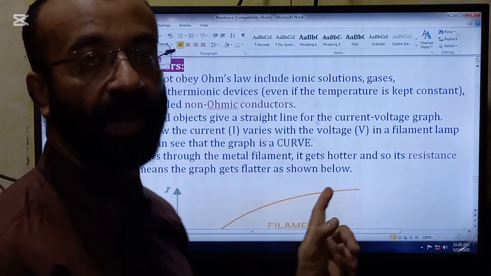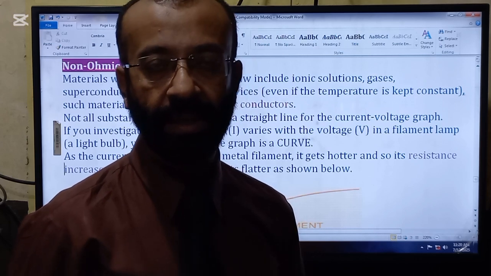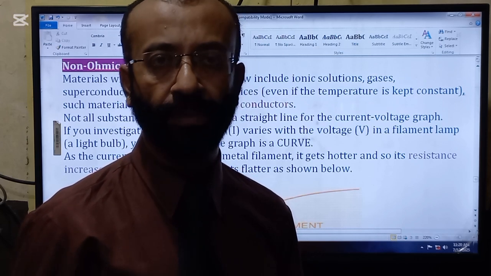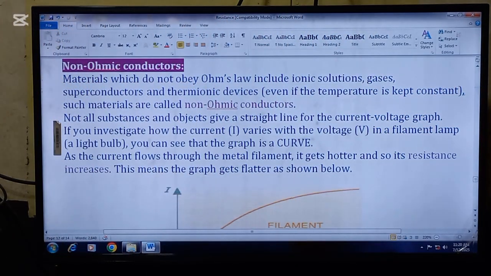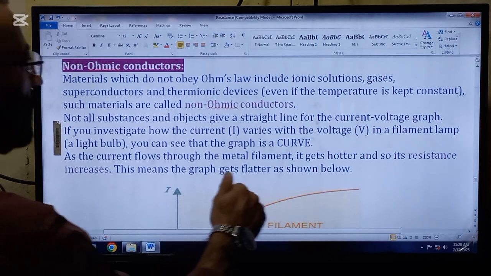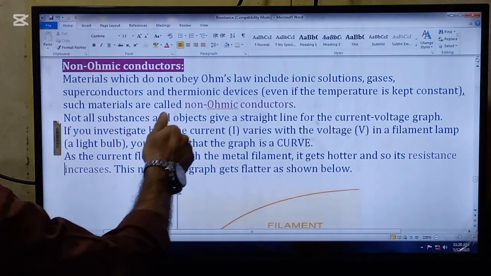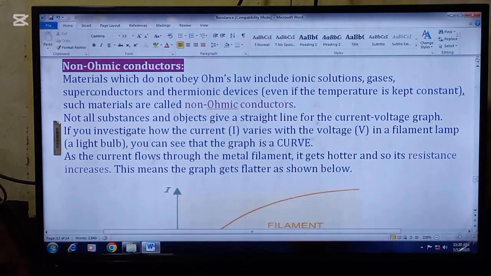So you have to remember some examples of the non-ohmic conductors, because this question frequently comes in the paper for 1 or 2 marks, as a part in a long question. So here, materials like ionic solutions, gases, superconductors, and thermionic devices are the examples of the non-ohmic conductors.